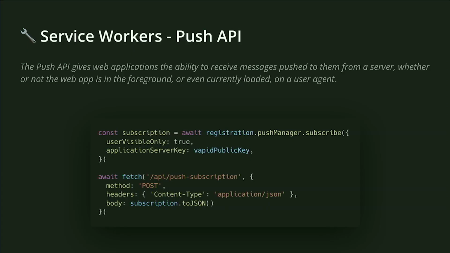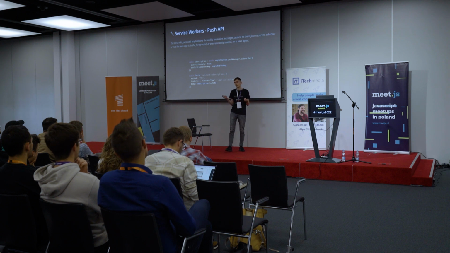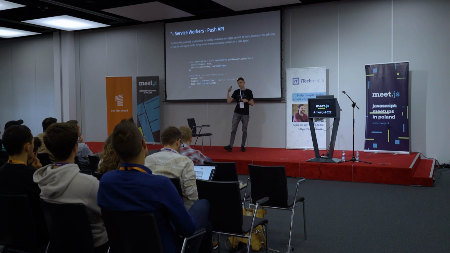Now let's look at one of the possibilities that the service worker gives us, and it is exposing a push API to us. So on the active service worker registration, we have this push manager object where we can call the subscribe method. This is an asynchronous one, and this is the subscription call that will be made to the push service.